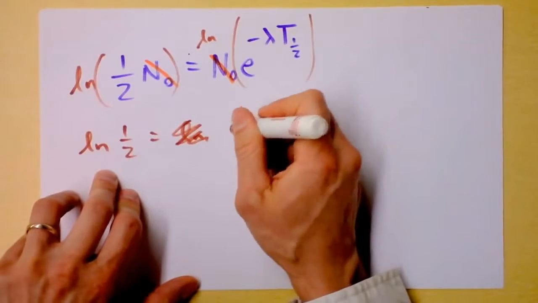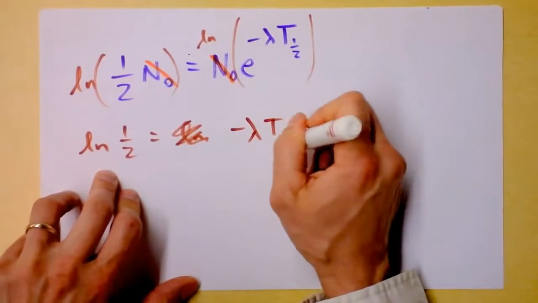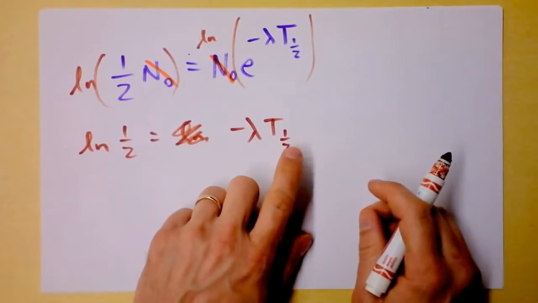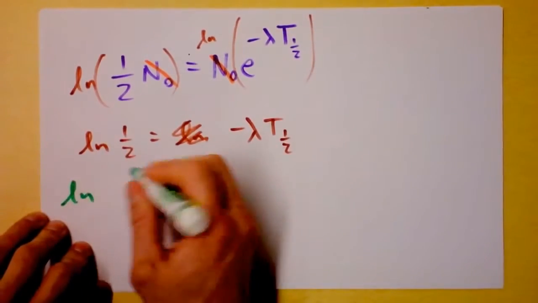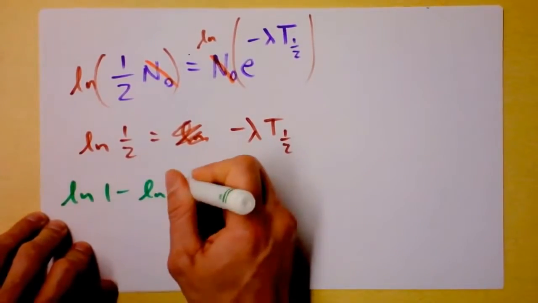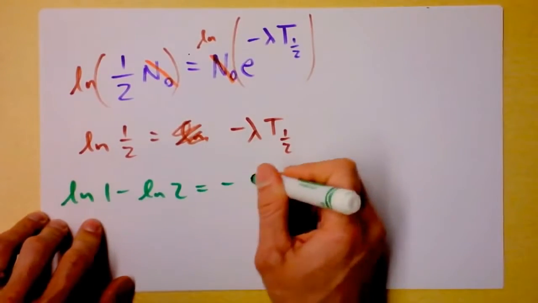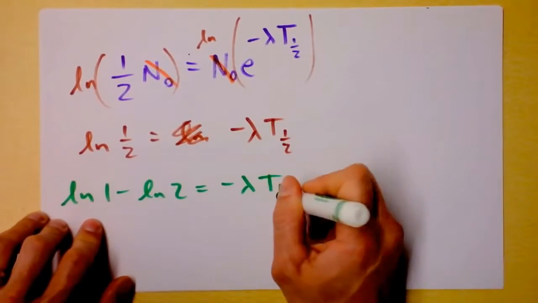It's all dead. And over here I get negative lambda t 1/2. That's the half-life. And the next step is to understand logarithms, I guess. Here we go. This is the natural log of 1 minus the natural log of 2. So that's kind of fun. And this is still negative lambda times t 1/2.